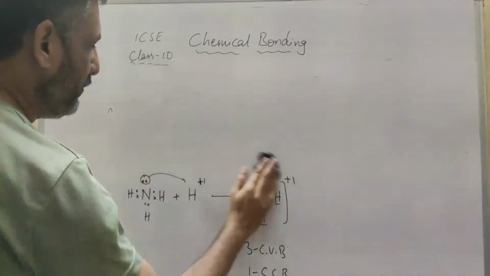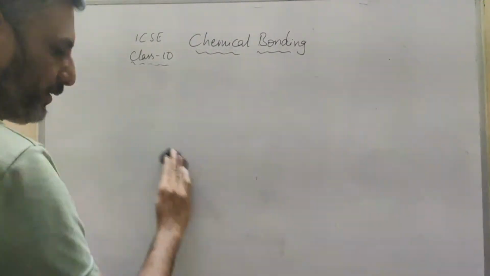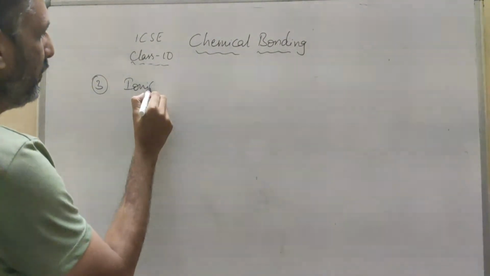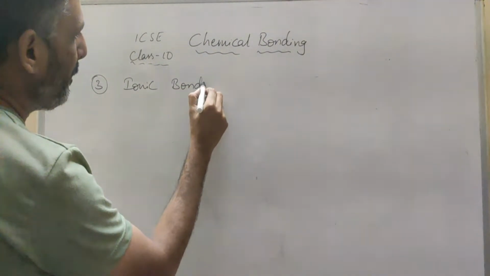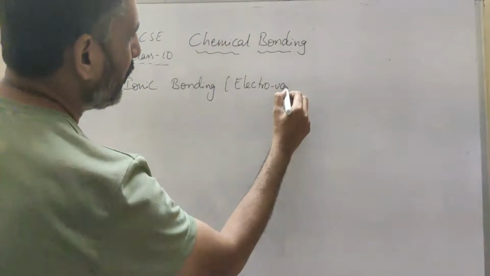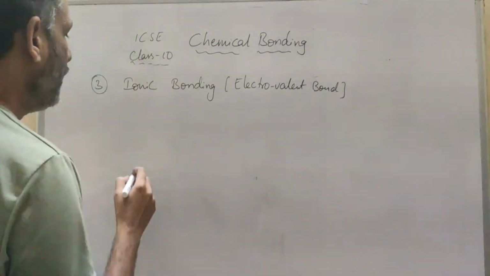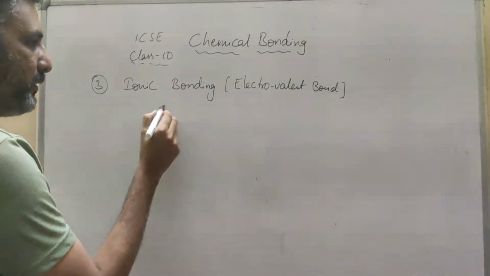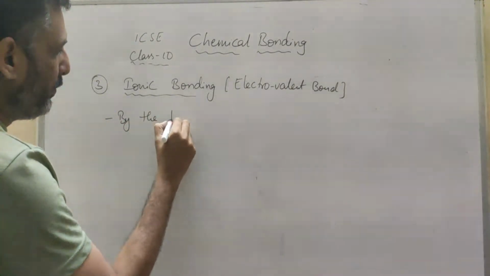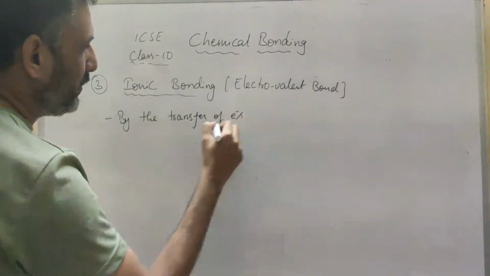So next we have ionic bonding, which is also called electrovalent bond. In this, bonding is formed by the transfer of electrons.